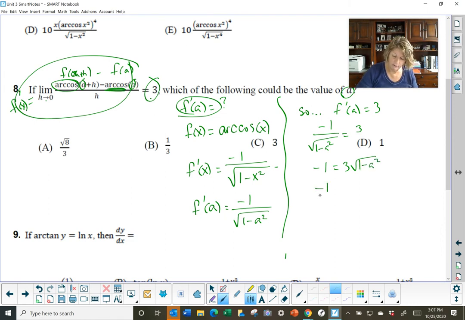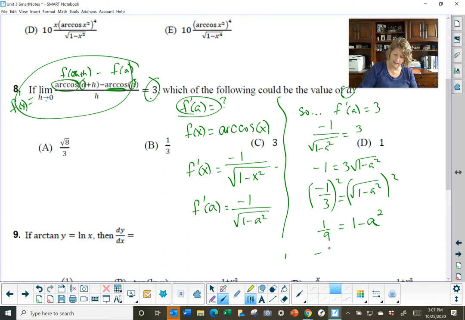Let's divide by 3 because I'm trying to solve for a. Square both sides to get rid of the square root. Got it? That's going to give me a positive 1/9 equals 1 minus a squared. Subtracting 1 is like subtracting 9/9.